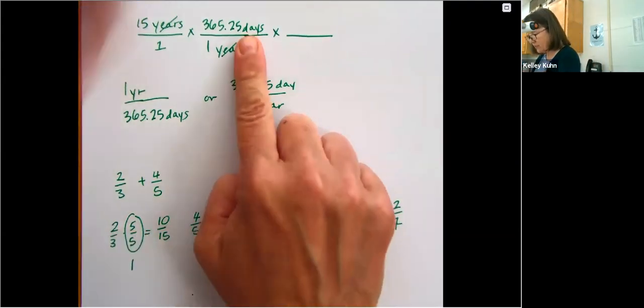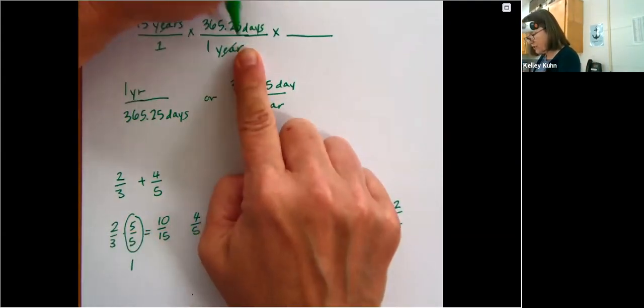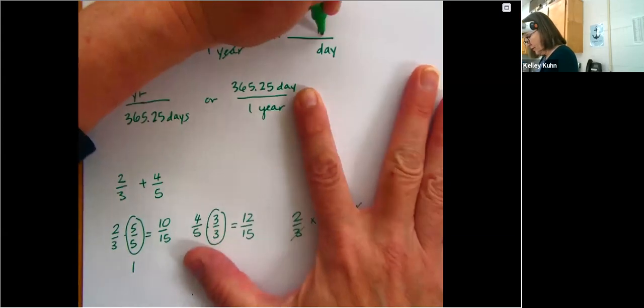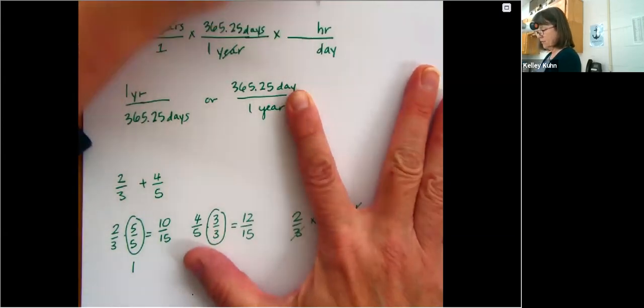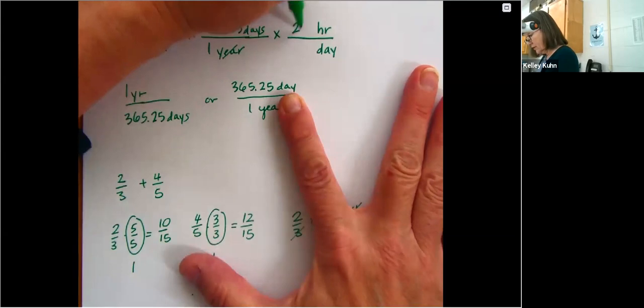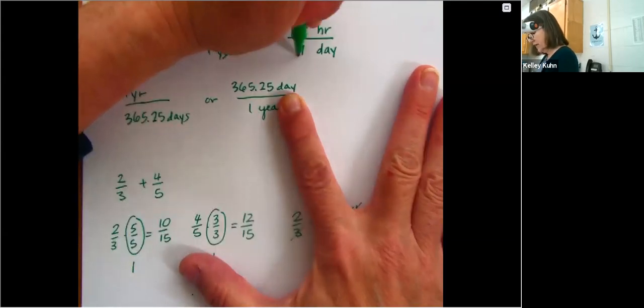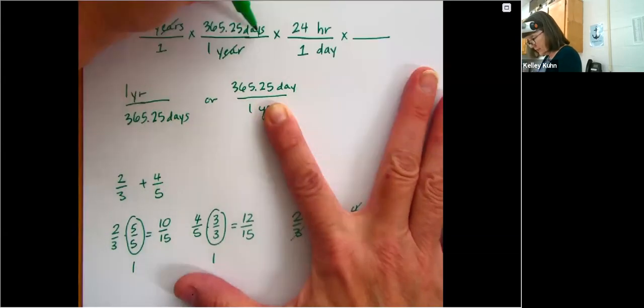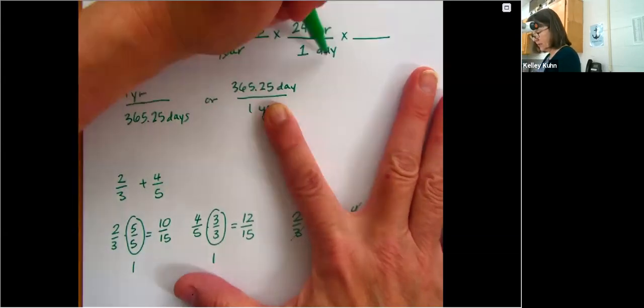Well, whatever was in the numerator of the prior ratio will need to be in the denominator of the next one to cancel. So I can go from days to hours. And what's that relationship? There's 24 hours in 1 day. Now you can see that day and day cancel.